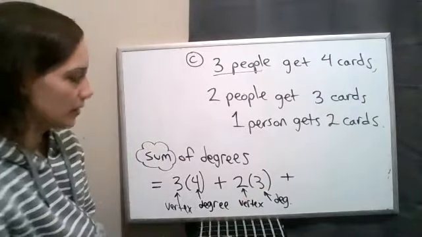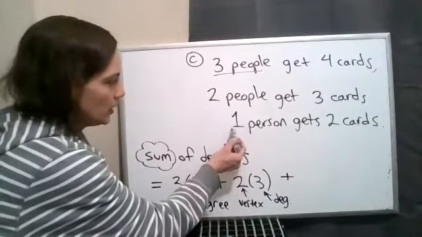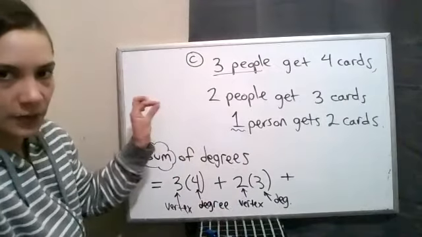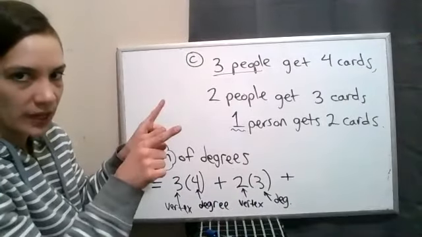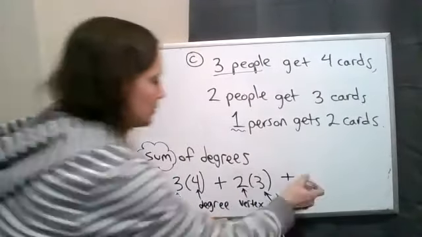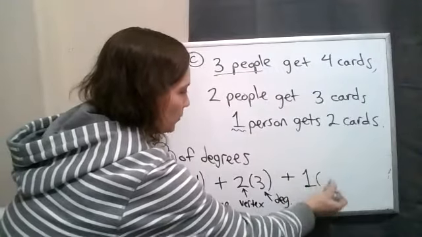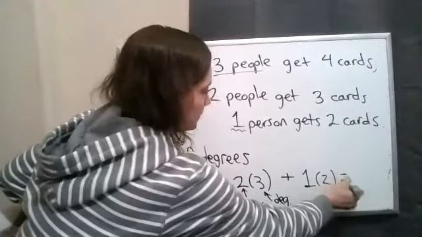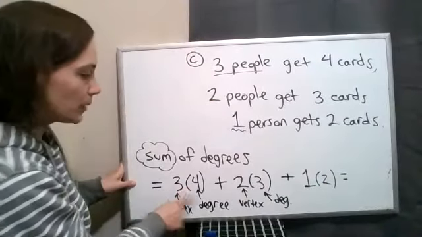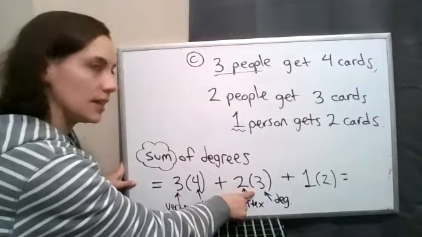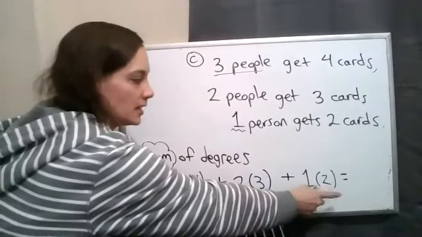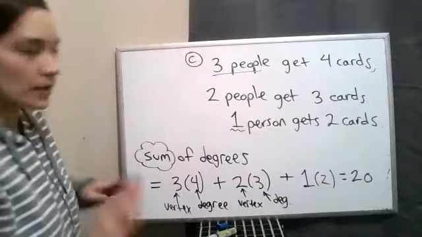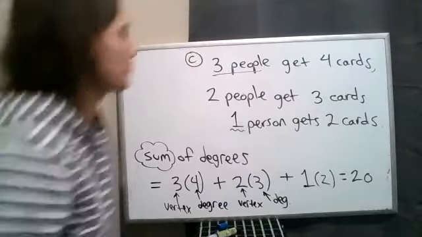The last part, you've got 1 person who gets 2 cards. So there's a vertex with 2 edges connected somewhere. Okay. Let's see, that would be 12 plus 6 is 18, and then 19, 20 for the sum of the degrees.